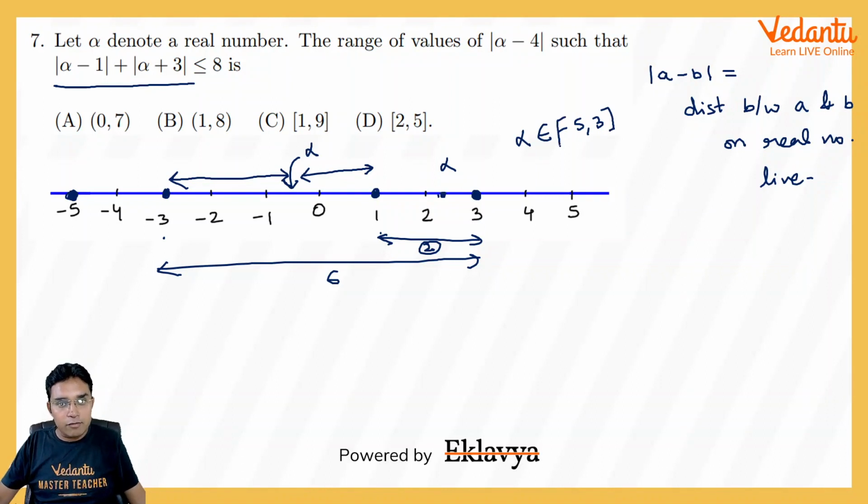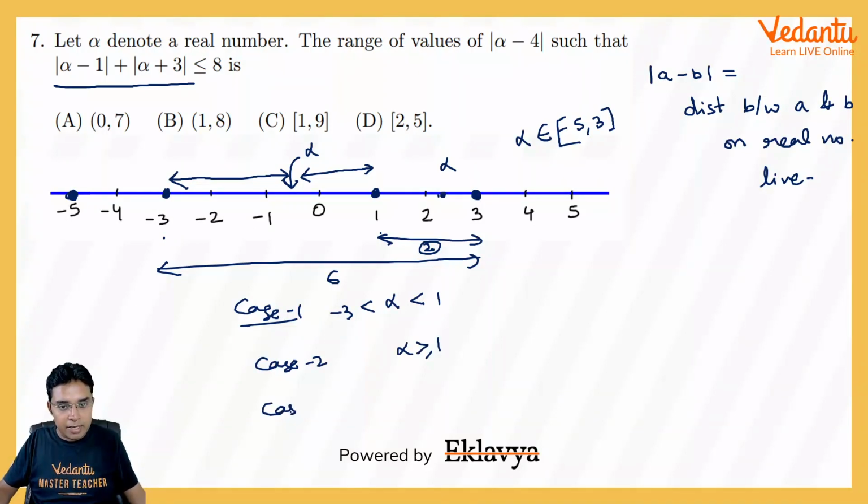If you are not comfortable with this, you can make the cases. And what will be the cases? First, you take alpha between 1 and minus 3. Then you make case 2 when alpha is greater than 1. And another case when alpha is less than or equal to minus 3.